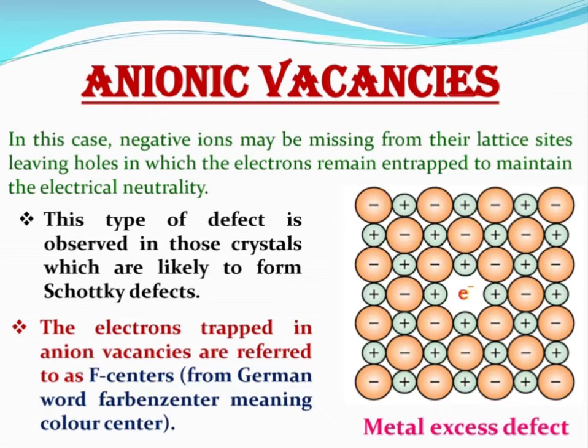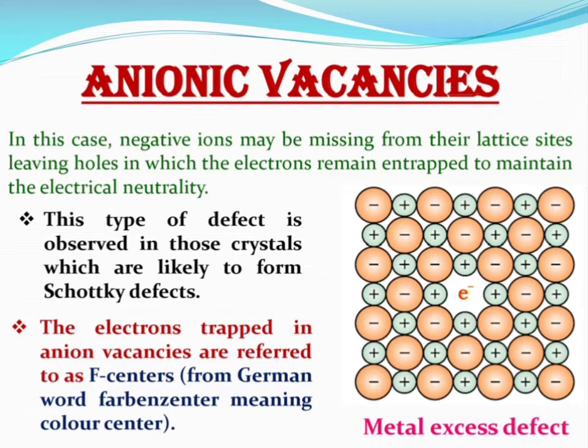For example, when crystals of NaCl are heated in the atmosphere of sodium vapor, the excess sodium atoms are deposited on the surface of the crystal. The Cl- ions diffuse to the surface of the crystal and combine with Na atoms to give NaCl.